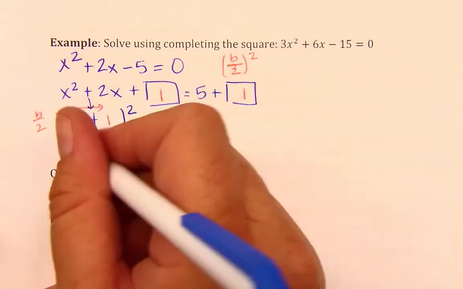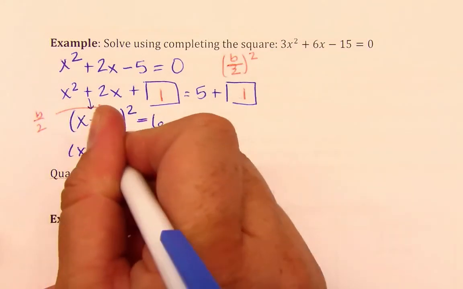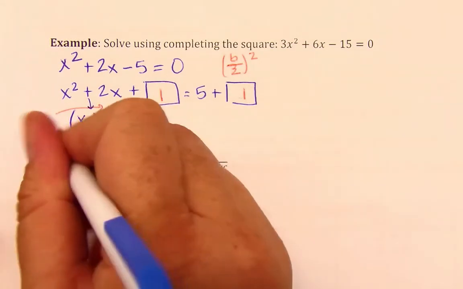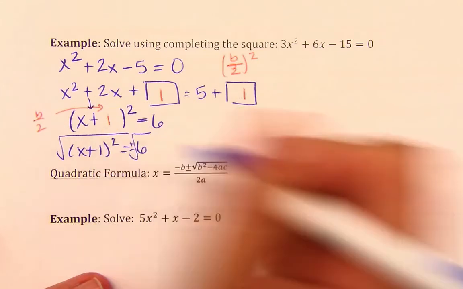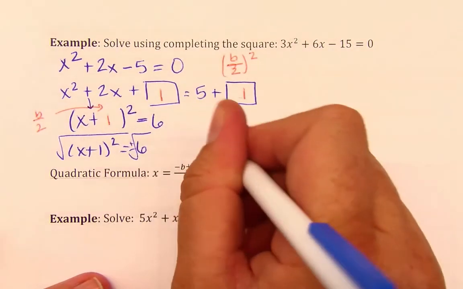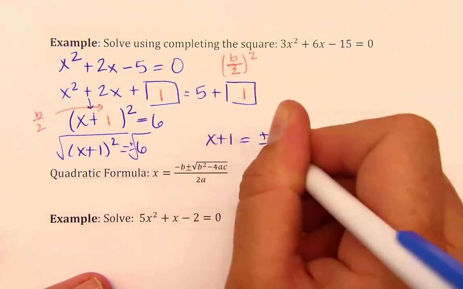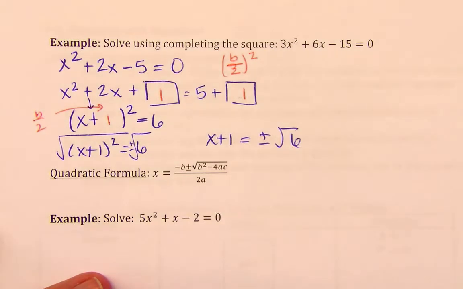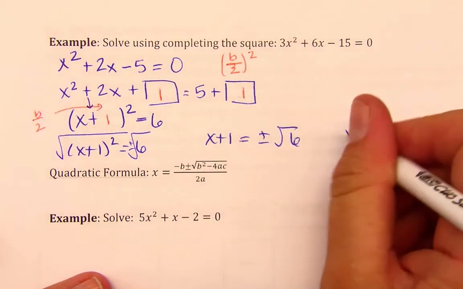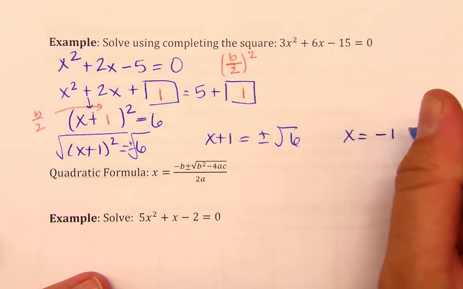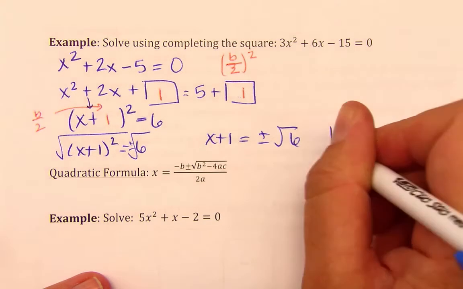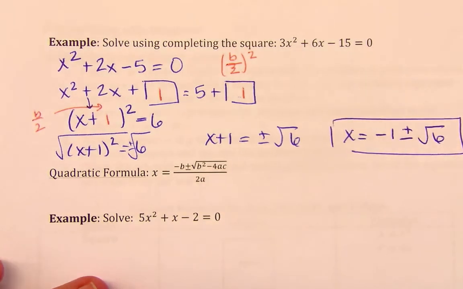And now we have x plus 1 squared equals 6. So I can take the square root of both sides, again, plus or minus. And I have x plus 1 equals plus or minus square root 6. And then to solve, I just need to subtract 1. So I have x equals -1 plus or minus square root 6. And that is my answer.